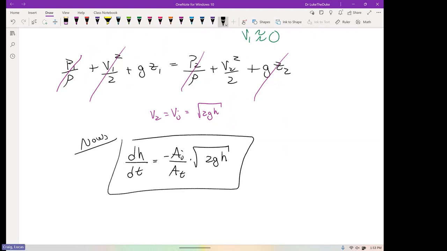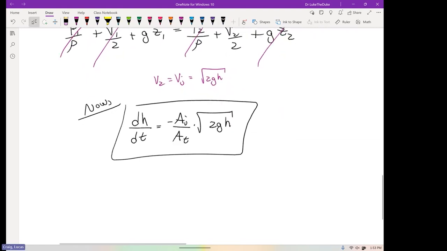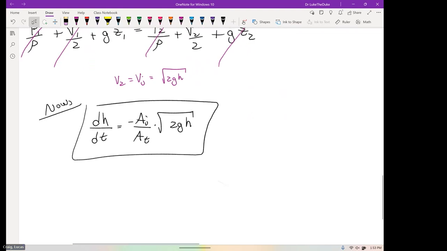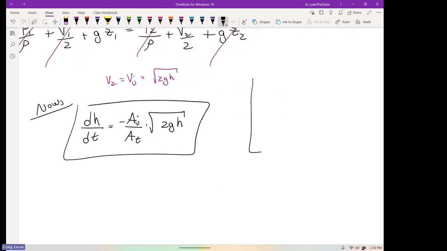All right, what else? My last page. First off, what is this? Mathematically, what is it called? We used conservation of energy and conservation of mass to develop this differential equation.